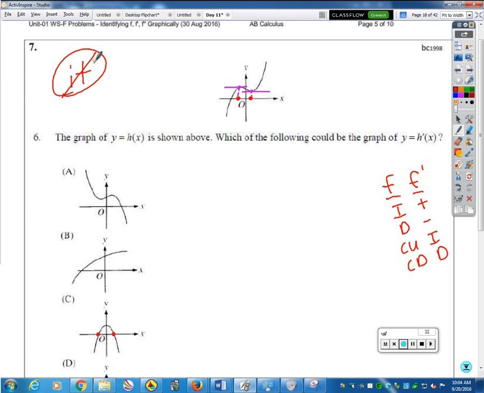The reason is on the AP test, on the written portion, if you write that it has a tangent slope of 0 and it has a y-coordinate of 0, the grader gives you 0 points. You have to be specific. You say f has a tangent slope of 0, or you say f is increasing. So you're doing great. It's a habit we all have, and every year you just have to fix it.